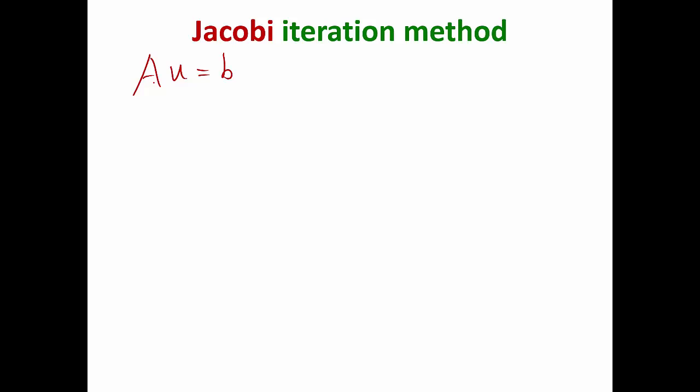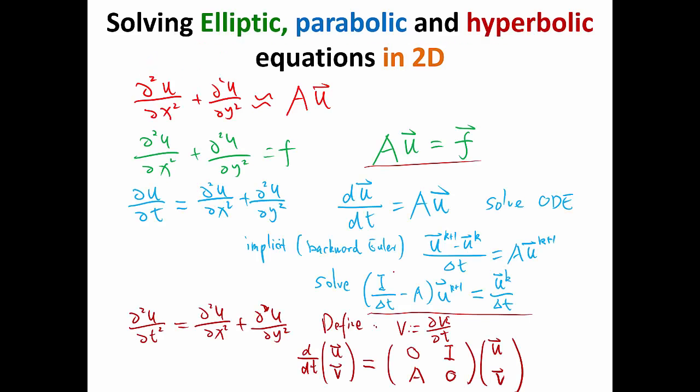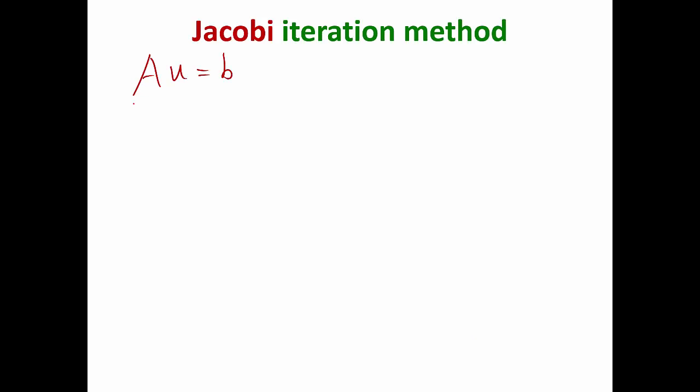But this A would be, for example, I over delta T minus A if you are solving the heat equation. Or it may be a 4x4 block matrix if you are solving using an implicit method to solve the hyperbolic equation. But anyway, I'm going to write the matrix you need to solve as a big A.